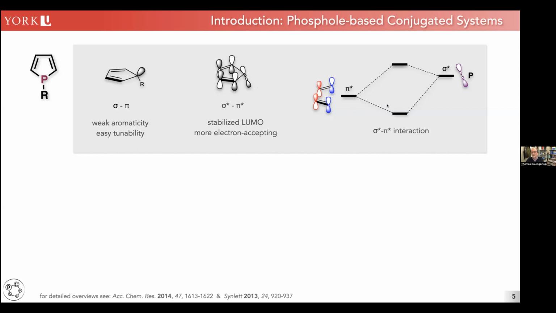So energetically, that's possible because it's phosphorus, and because we have the geometry set up in a way as well that we now have a nice interaction between these two components, which ultimately gives you a bonding combination and an antibonding combination, and this is called a sigma star pi star interaction. And ultimately what happens is this pi star orbital is lowered in energy.